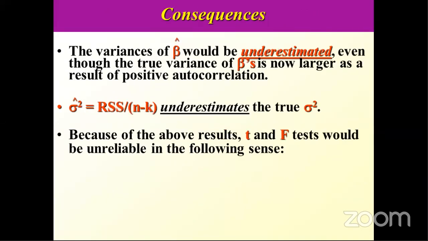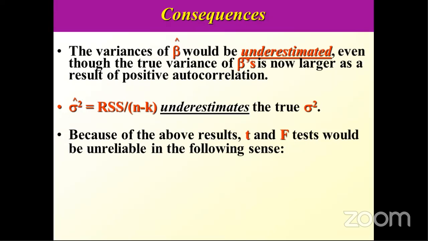Because of that, the variances of the OLS estimators of beta are underestimated. The variances of beta hat would be underestimated, even though the true variance of beta is now larger as a result of the positive autocorrelation.